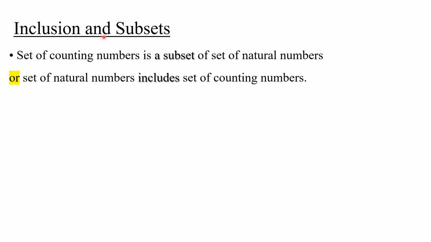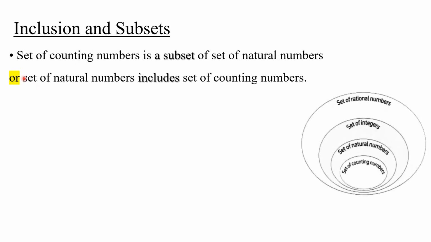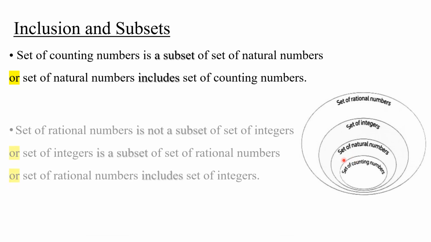Inclusion and subsets. The set of counting numbers is a subset of the set of natural numbers. It's a part of the set of natural numbers. Or the natural numbers include the set of counting numbers, as counting numbers is a part of the natural numbers.